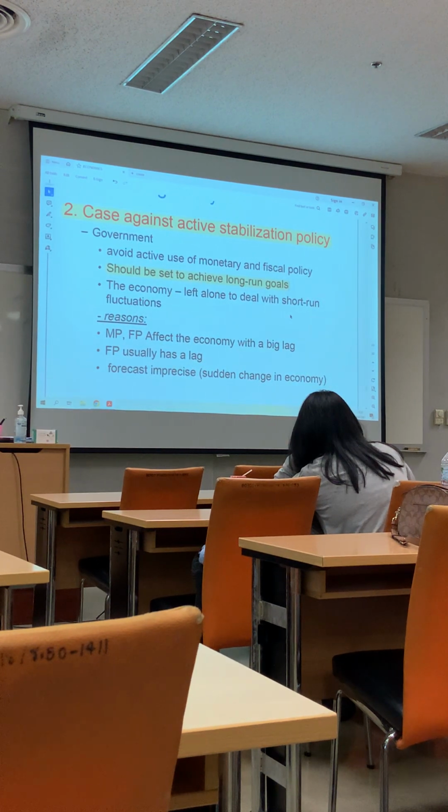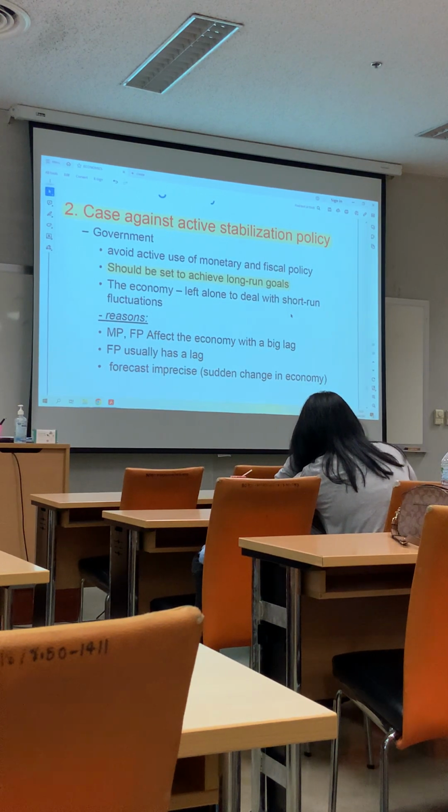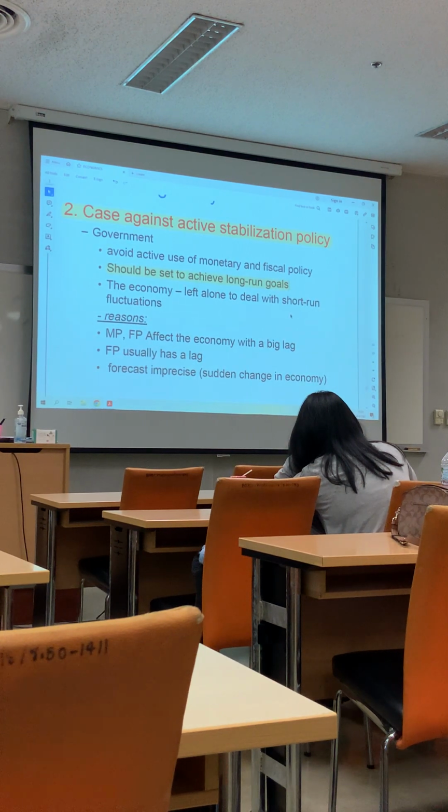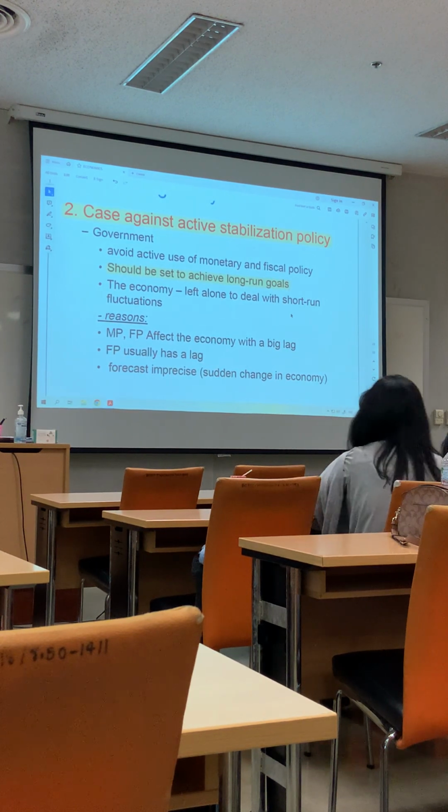If you see the graph in the previous chapter, for example, in case we shift SRAS leftward, in the long term the price goes up and we need to wait a long time until the short run goes back to full employment. They're thinking that we don't need any policy, just let the economy go.